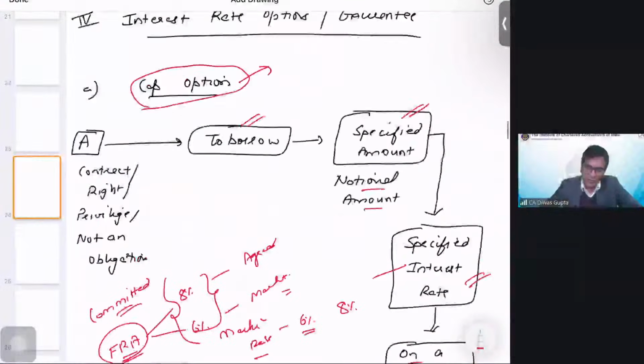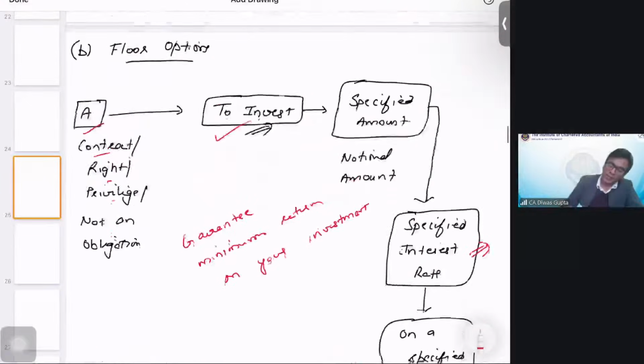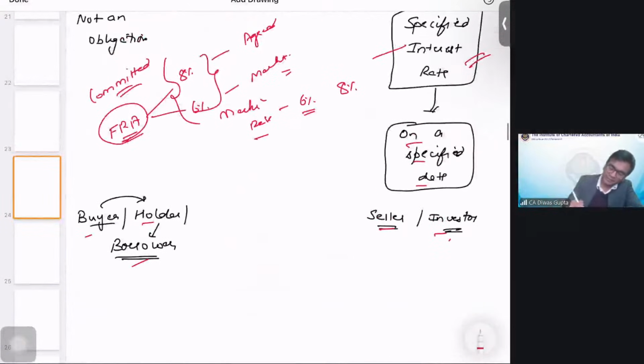However, in case of a cap option, there is a specified interest rate, which is the maximum rate you can pay if you want to borrow, right? So, it guarantees maximum interest on borrowing.